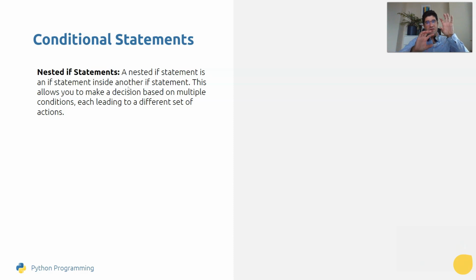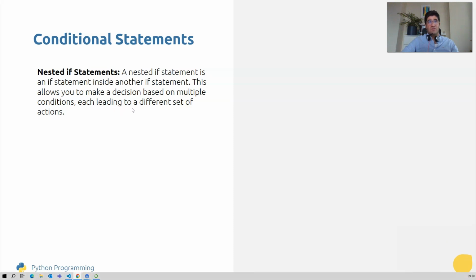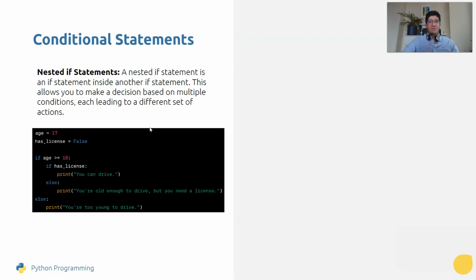So if you have one if and then you put another if inside that if statement, we have multiple ifs inside each other and we call them nested. They are really good when we want to check multiple conditions in different situations. So these allow you to make a decision based on multiple conditions, each of them leading to a different set of commands and different actions.